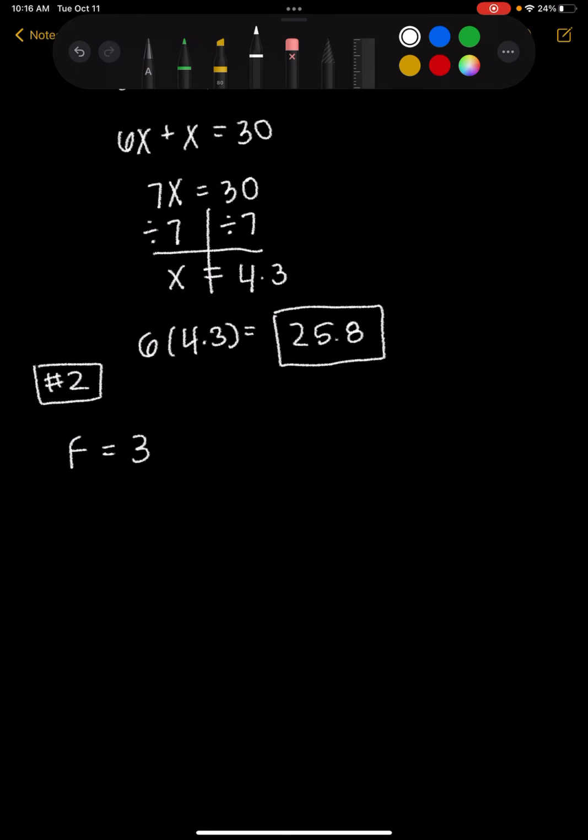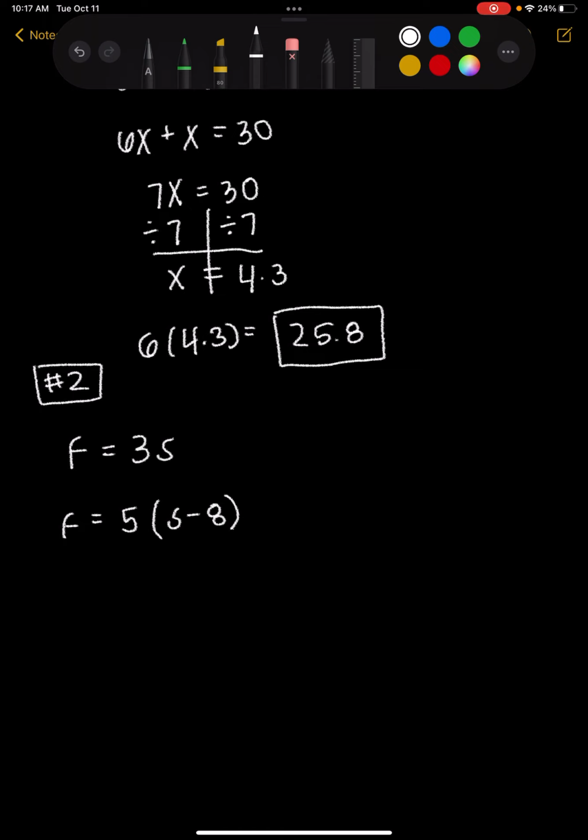So I can say 3 times his son. 8 years ago, the father was 5 times his son. So father 8 years ago would be 5 times his son, but because it was 8 years ago, we have to say the son minus 8, because it was previous years.